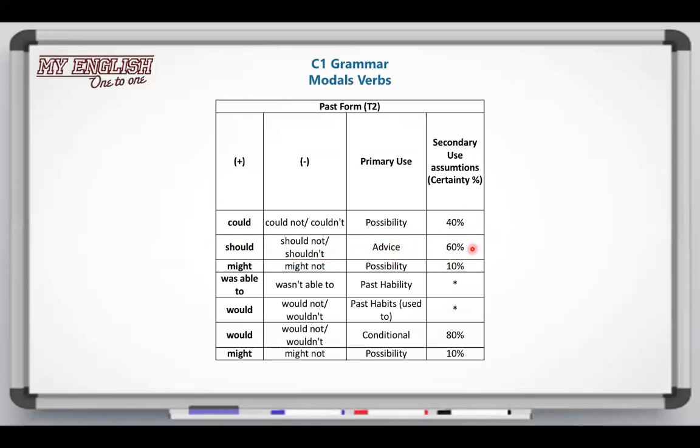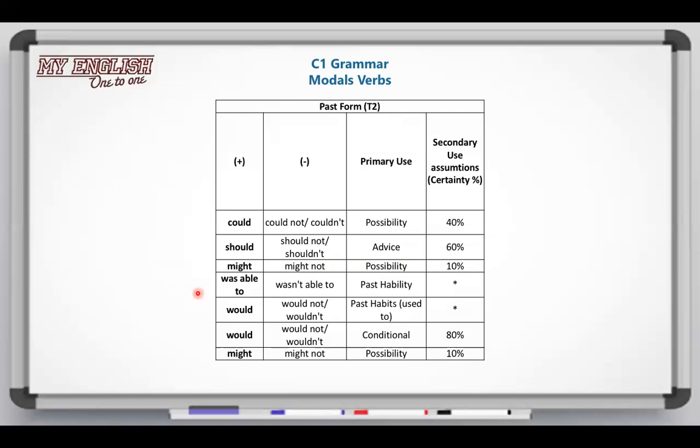For an assumption, this would be 60% certainty. Might, and the negative might not. The primary use is possibility. The secondary use is 10% certainty for an assumption.